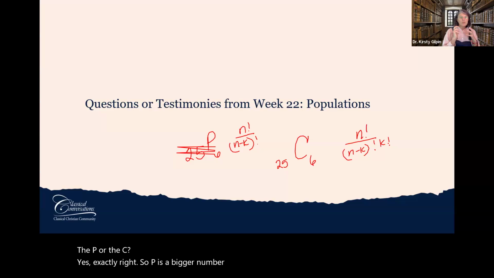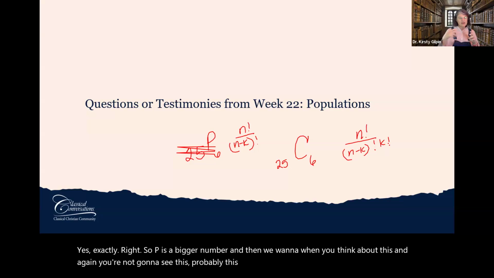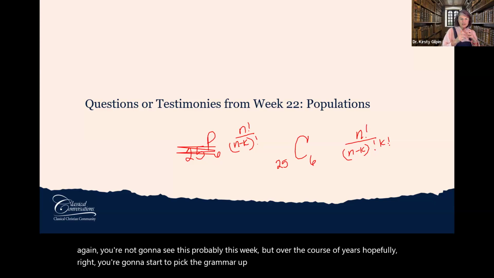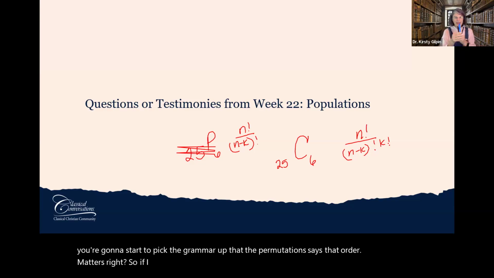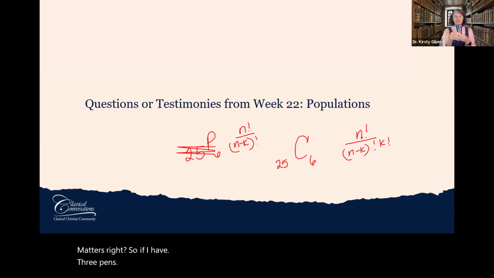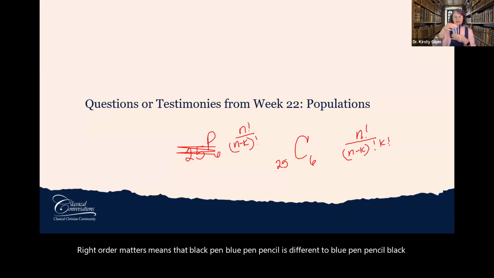And again, you're not going to see this probably this week, but over the course of years, hopefully, you're going to start to pick the grammar up: permutation says that order matters, right? So if I have 3 pens, order matters means that black pen, blue pen, pencil is different to blue pen, pencil, black pen, is different to pencil, blue pen, black pen.